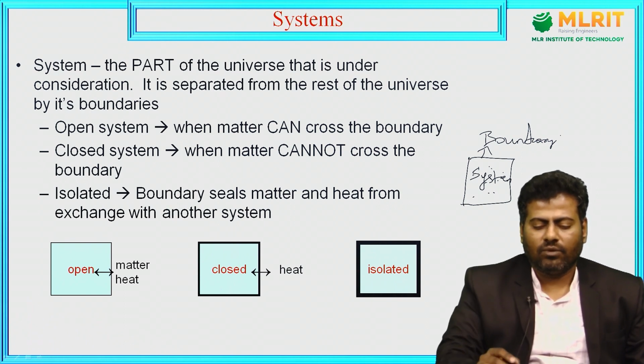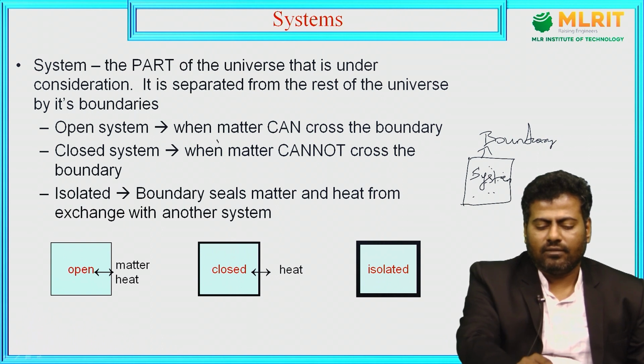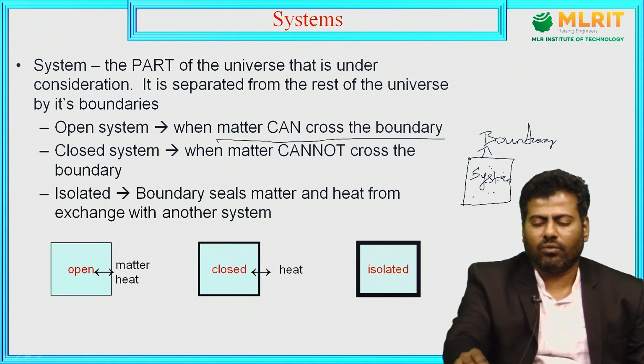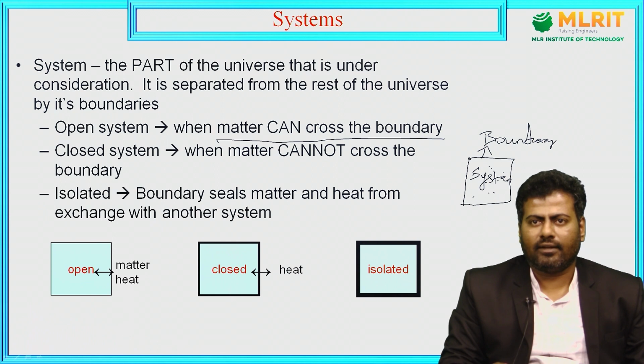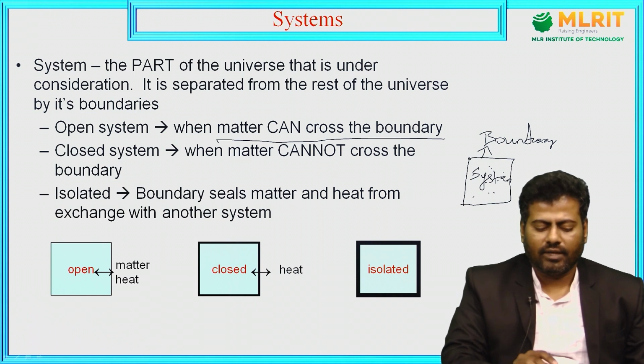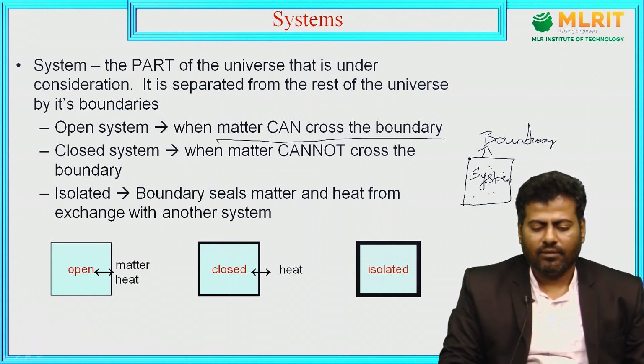In the open system, when matter can cross the boundary, then we say it is an open system. Wherever the flow of matter is happening, I can consider that an open system.